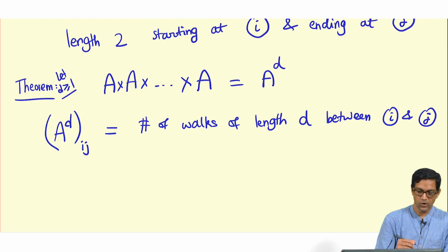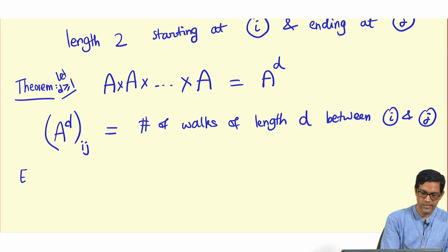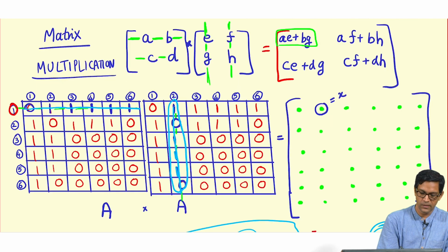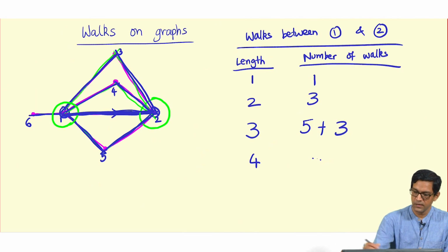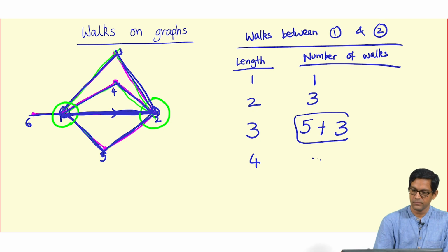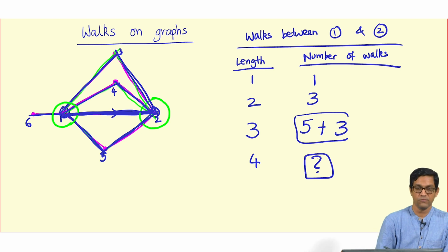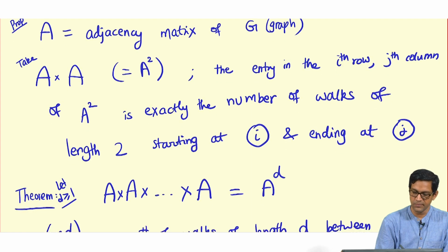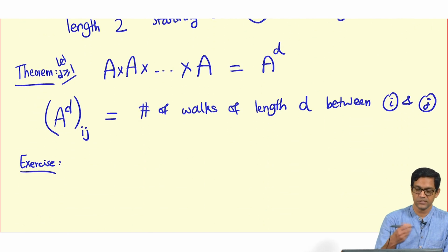Okay, so I am not going to formally prove this, but here is a nice little exercise. Remember, we computed right at the beginning the number of walks of length 3 from the vertex 1 to 2, okay, and we said, well, 4 is already a bit too much of calculation, but here is what you can do now that we have a simpler way of doing this. We just look at this adjacency matrix A, it is a 6 cross 6 matrix that we wrote out.